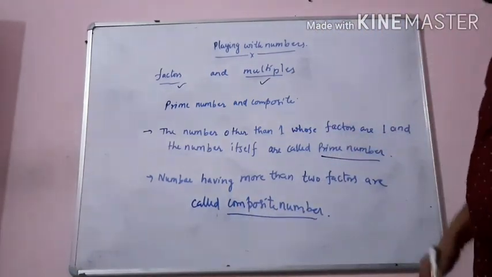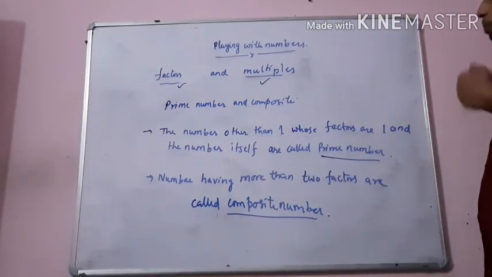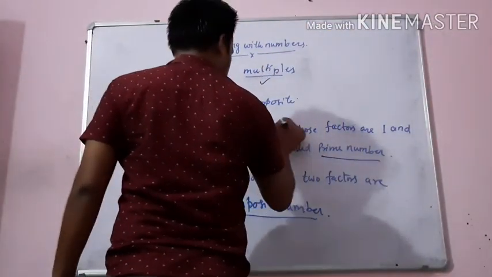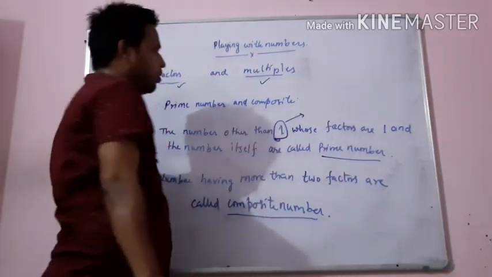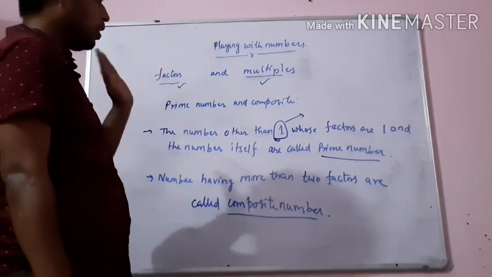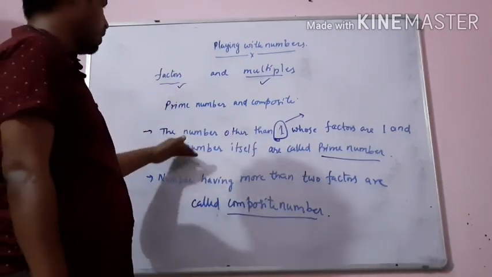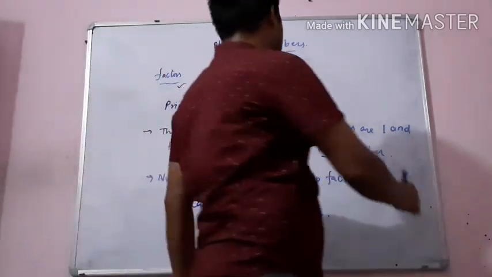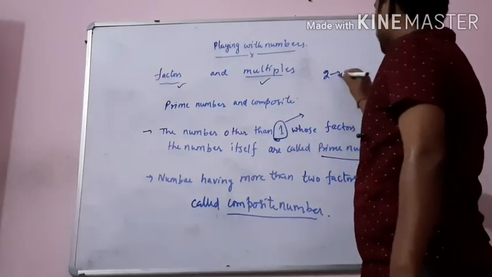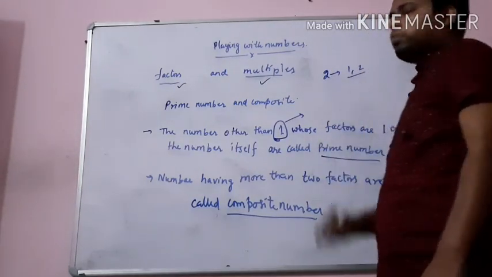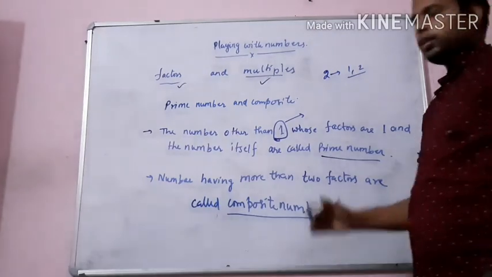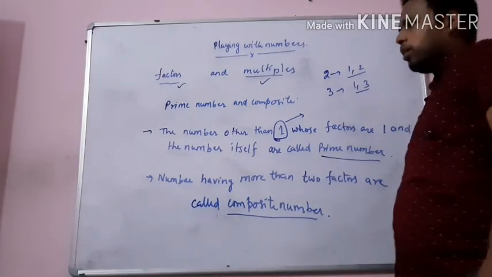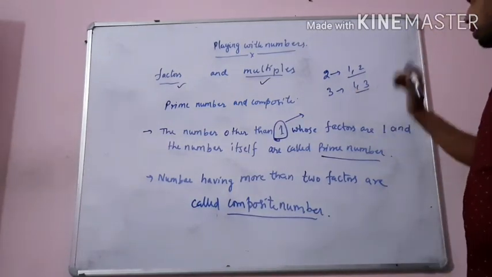We will discuss what is prime number. A number other than 1, leaving 1, because 1 has only one factor, that is 1, whose factors are 1 and the number itself, is called prime number. For example, you take 2. 2 has factors 1 and 2, so 2 is a prime number. Similarly, 3 has factors 1 and 3, so it is a prime number.